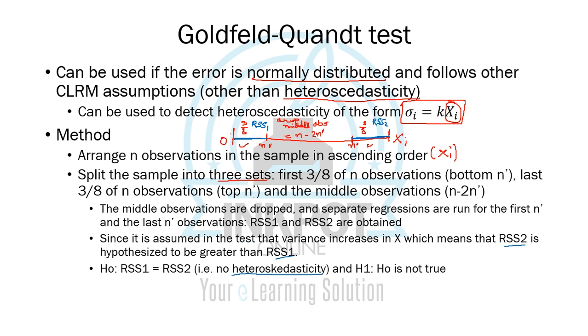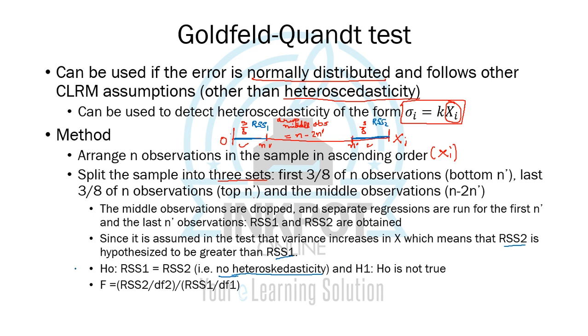Oh, there's a typo here. So I have made a small correction here. It should be no heteroscedasticity. So basically what we are saying in the null hypothesis is that the errors are homoscedastic, or there is no heteroscedasticity problem. Okay. So basically in such a situation, RSS1 will be equal to RSS2. The alternate, of course, is that H0 is not true.